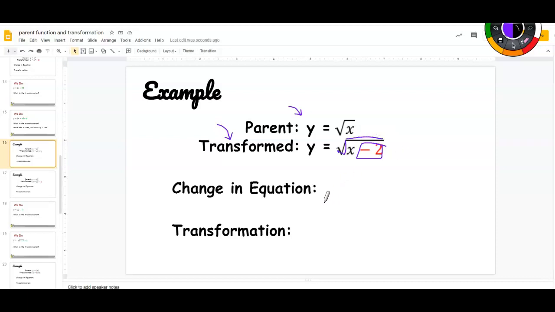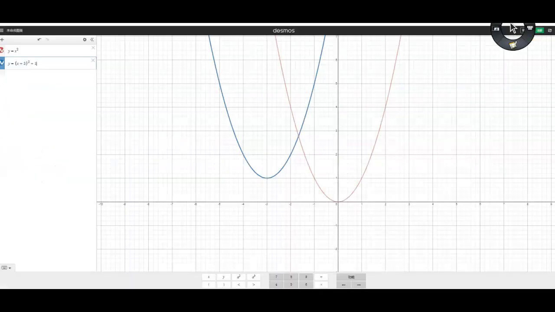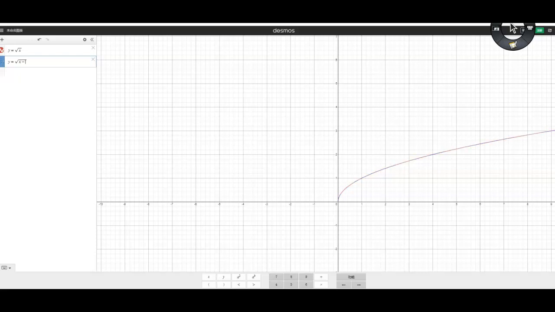Okay? So let's see what kind of transformation is going to happen on the parent graph. So let's put both of the equations in. So this time the parent equation becomes square root of x, and the baby equation becomes square root of x minus 2 inside. Okay?